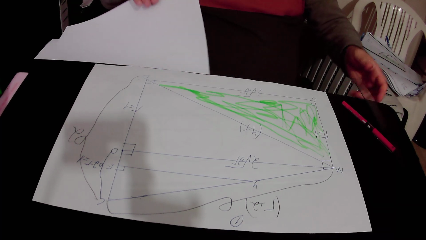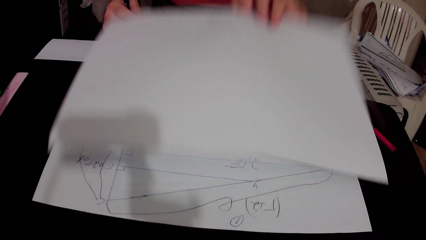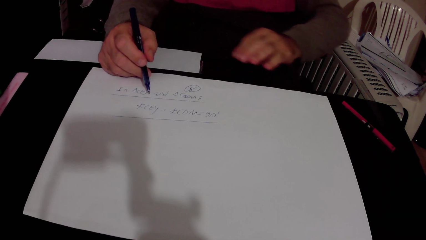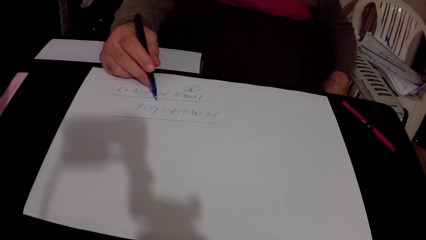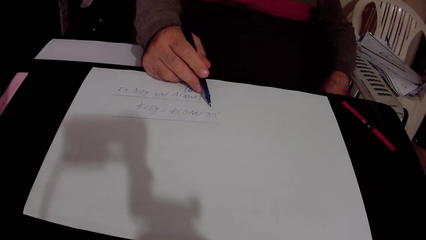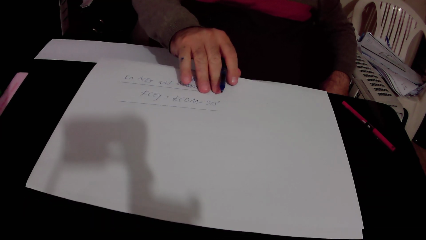Angle CEY is equal to angle CDM, and both are equal to 90 degrees.